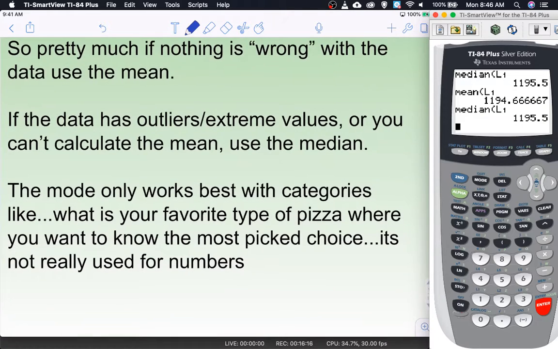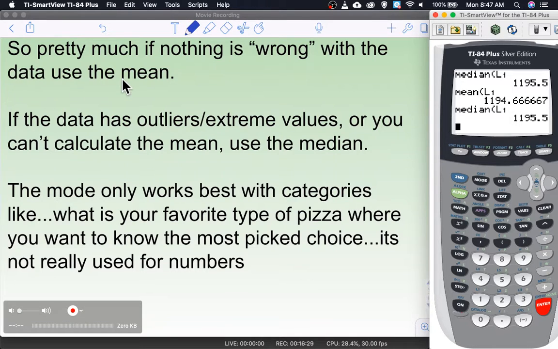So, the summary. Pretty much, if nothing is wrong with the data, and wrong is in air quotes, if there's no outliers, there's nothing weird about the data, if you can, use the mean. That's the one that people would prefer you use if you can. Now, if the data has outliers or extreme values, or you can't calculate the mean, use the median.